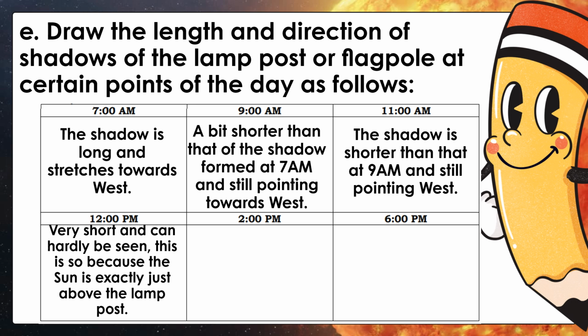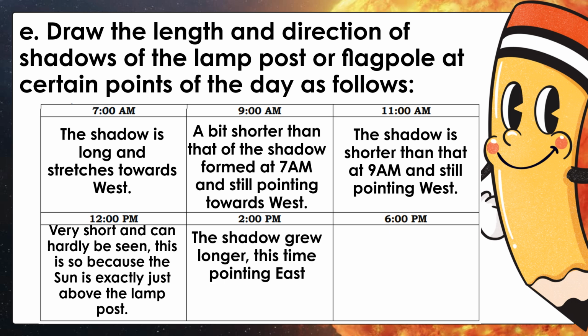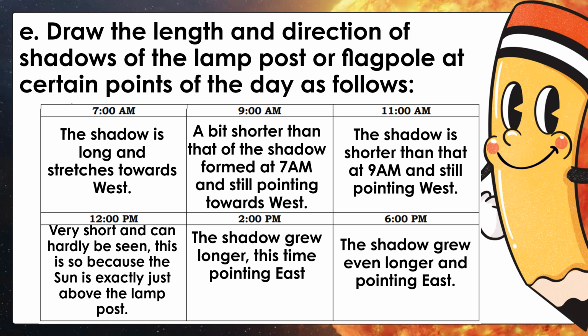This is because the sun is exactly just above the lamp post. 2 p.m., the shadow grew longer, this time pointing east. 6 p.m., the shadow grew even longer and pointing east.